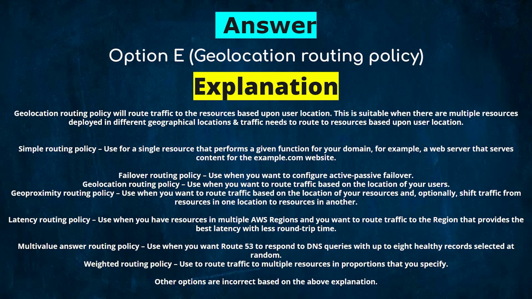Multi-value answer routing policy. Use when you want Route 53 to respond to DNS queries with up to 8 healthy records selected at random. Weighted routing policy. Use to route traffic to multiple resources in proportions that you specify. Other options are incorrect based on the above explanation.